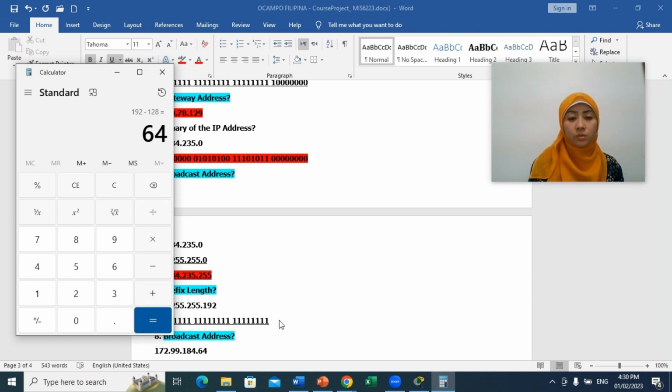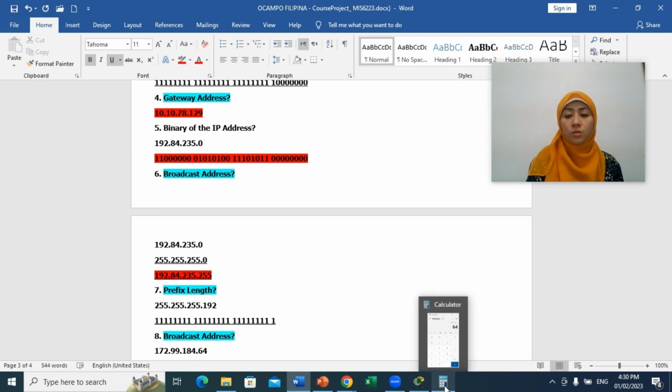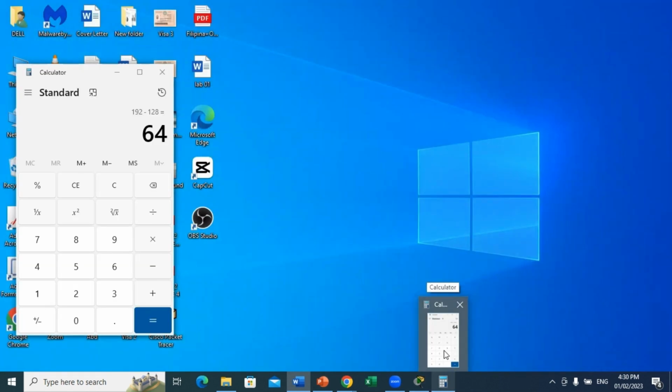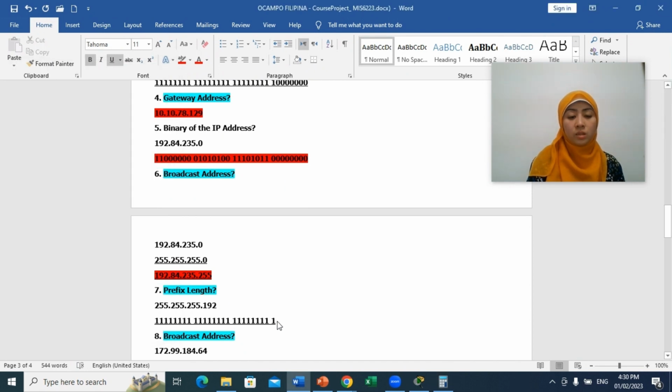So 128 is possible, so we need to put 1. So 64 minus 64 is 0. So now we use the 64, so we will put 1 here, and then the rest is 0.